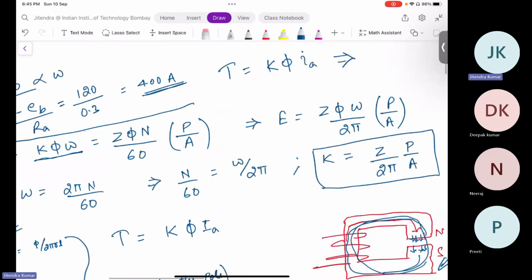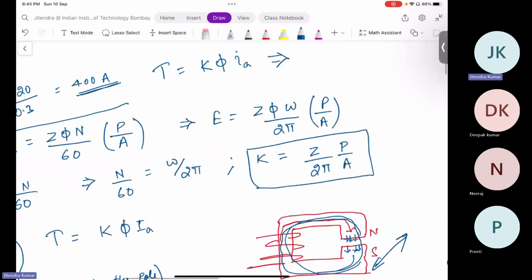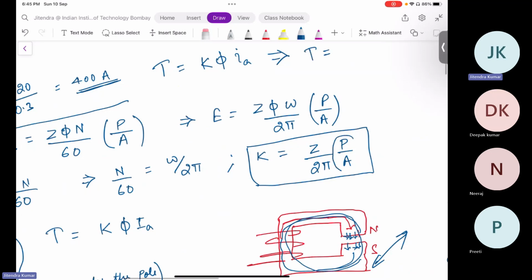If the machine is two pole, you do not need to worry whether it is a lap winding or wave winding, because the minimum value of parallel paths should be equal to 2, it could not be 1.